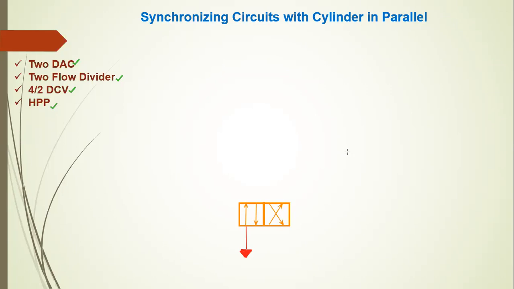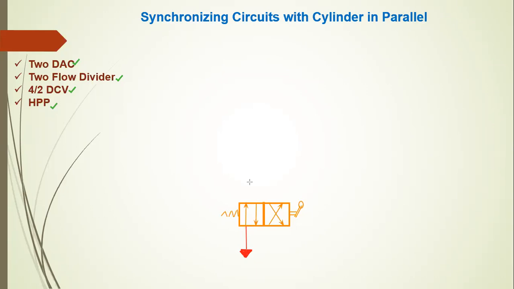Always remember to give a spring on one side of the direction control valve and another actuation on the other side, such as a lever or cam. Here I draw a cam or follower operated position, and the other side is a spring operated direction control valve.